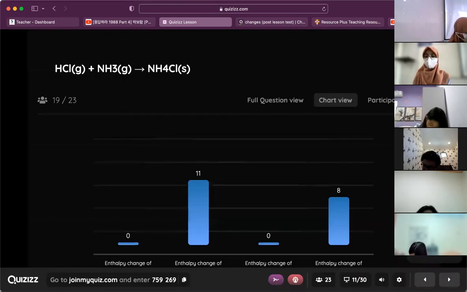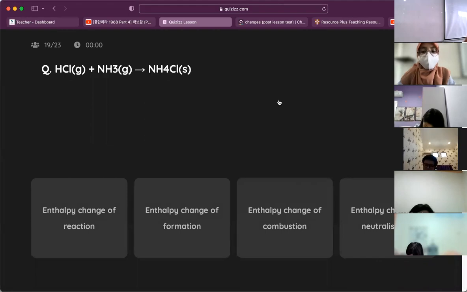Okay. So some are answering enthalpy change of formation and enthalpy change of neutralization. If we look at the reaction, hydrochloric acid and ammonia, it is forming ammonium chloride, right?